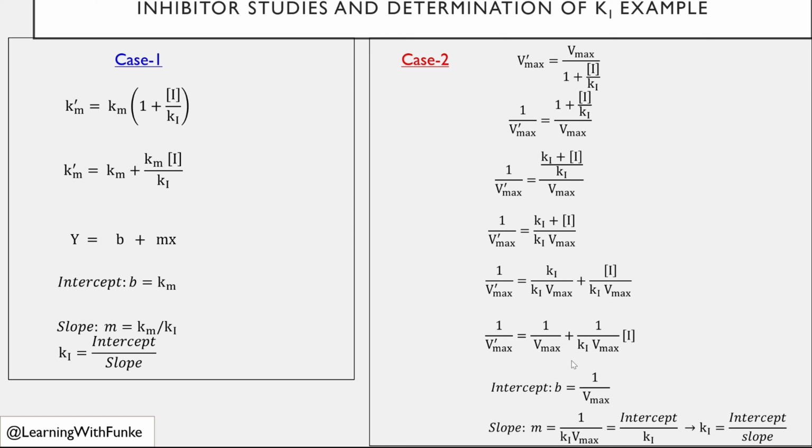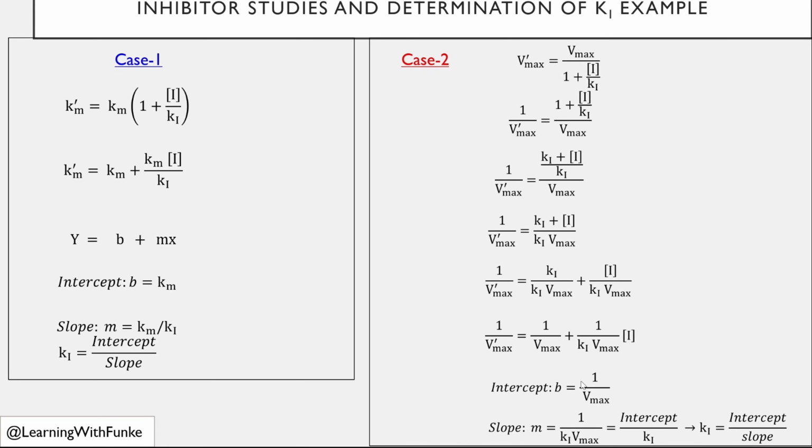So the only difference here is now your Y was your Km prime versus your X being your I. But now here, in case 2, your Y is 1 over Vmax prime versus your X still being your I, right? And so based on this, once again, your 1 over Vmax will be that 1 over Vmax at the condition where there is no inhibition, which we typically expect, right?